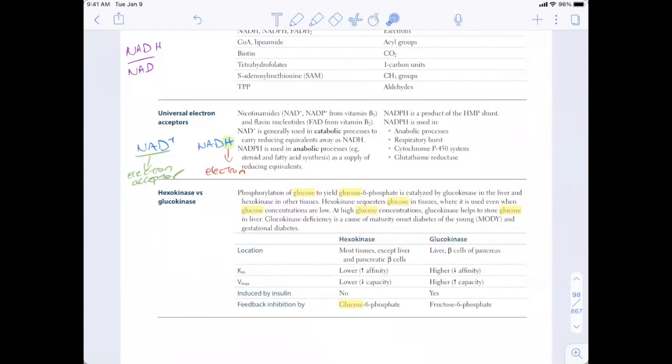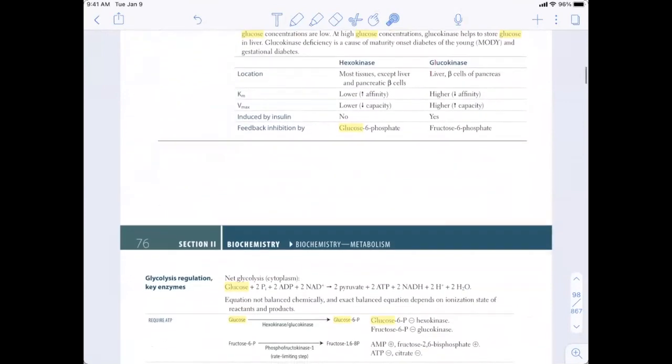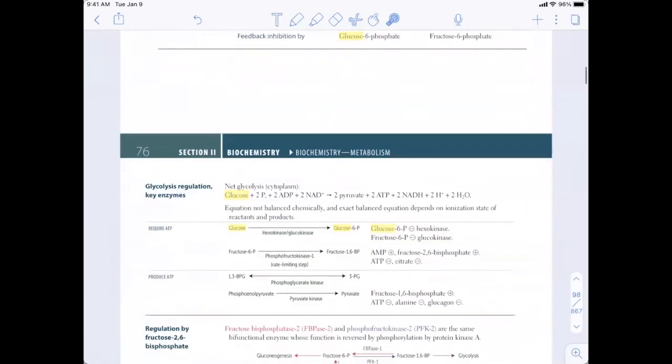Glucokinase, which you see in the beta cells of your pancreas and your liver, has a greater Vmax, which means it is more efficacious. And it also turns out to be the one induced by insulin. I'm going to bring all of this together when we get into insulin and glucose metabolism, and then it will make sense why these actions are happening. So that's the introduction, but let's get into it proper.